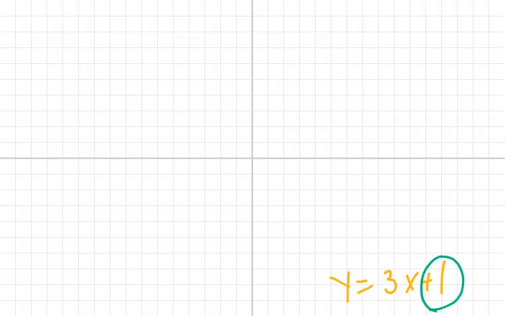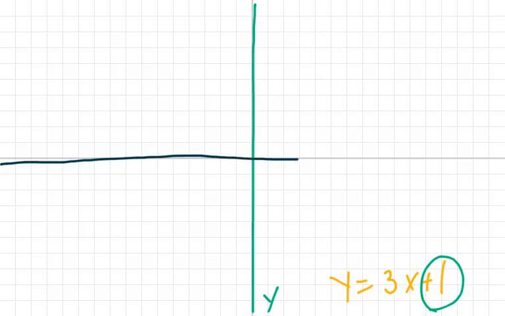So the y-intercept goes with the y-axis, which I'm going to highlight in the green, so that we know that this is the y-axis. Then I'm going to label this other line, our horizontal line, as the x-axis, because we know that y is always vertical and x is always horizontal.